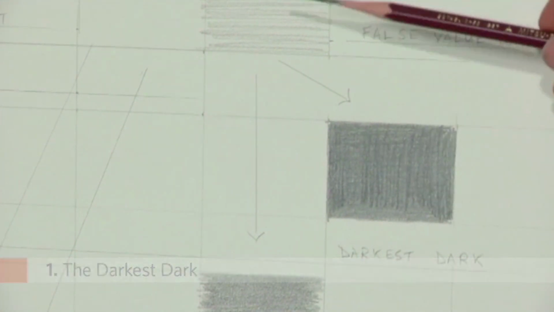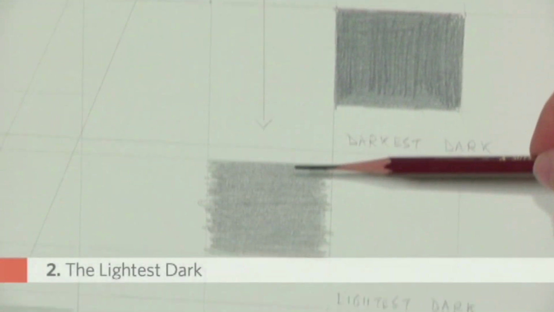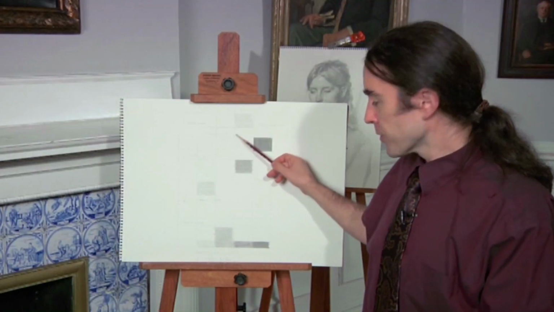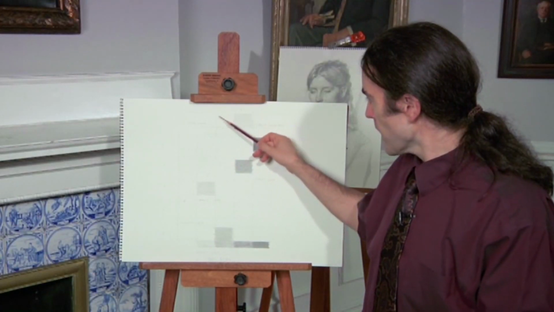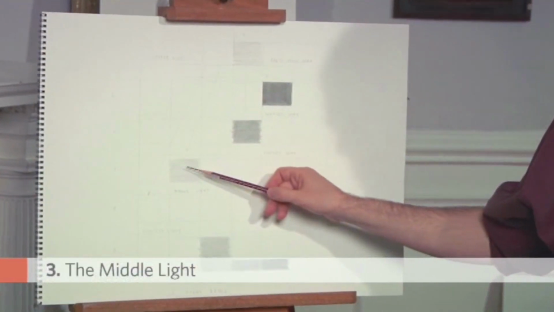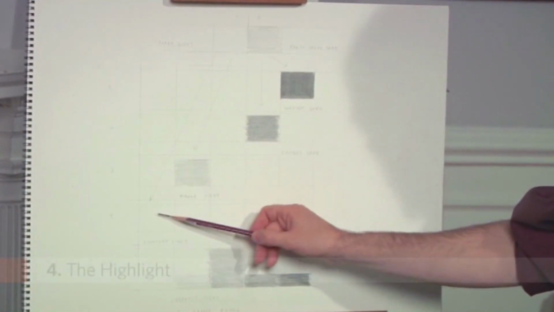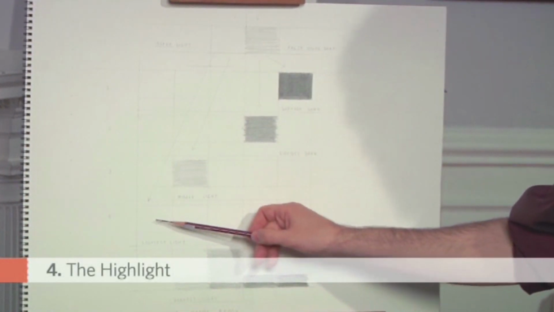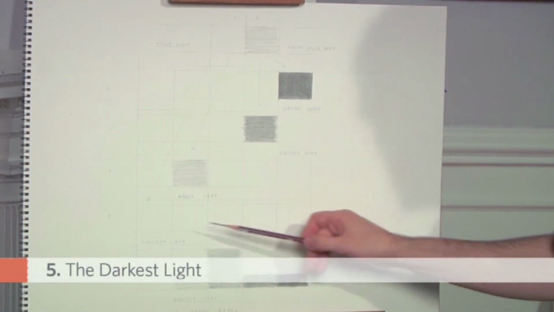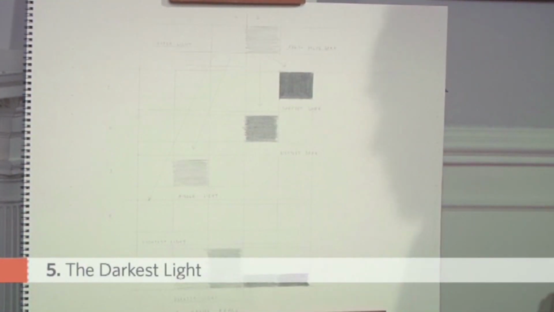The second thing I'm going to do is articulate my lightest dark to connect with the darkest one. The third thing I'm going to do is then to look at this area of light and lay in a tone, a mass for the middle light. The fourth thing is I'm going to go in and indicate a highlight. And then the last thing is I'll indicate the darkest light, thereby solidifying a sort of approach to massing in values.